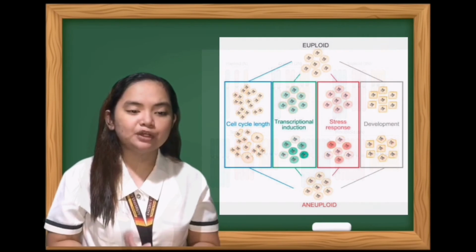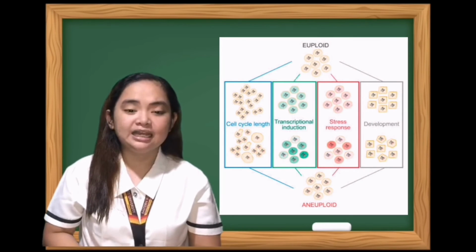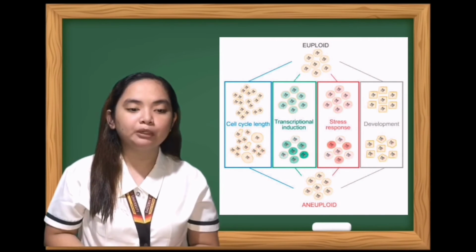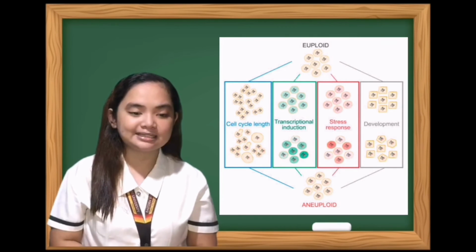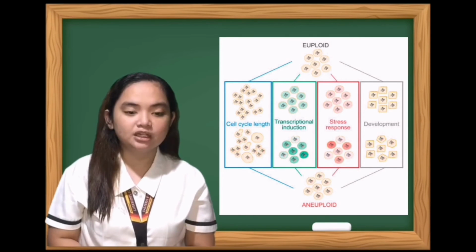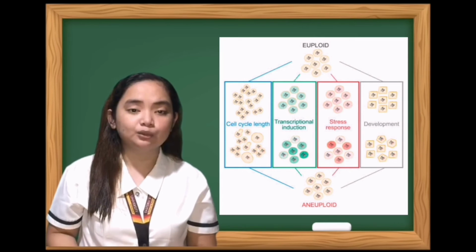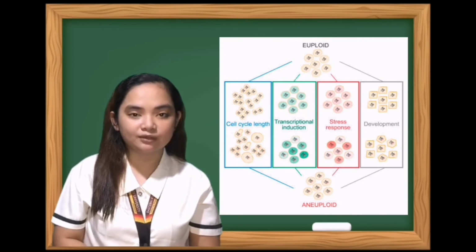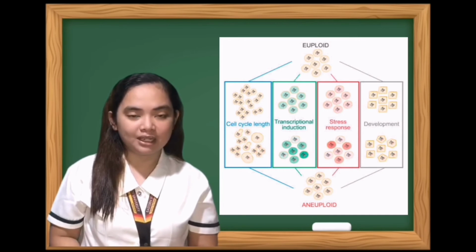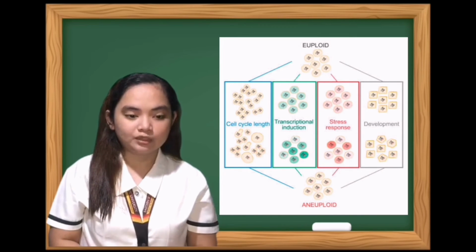Aneuploidy. Aneuploidy is a chromosomal anomaly in which the number of one or more chromosomes is abnormal. Normal human somatic cells carry 46 chromosomes: 2 copies of each of the 22 autosomal chromosomes, and 2 sex chromosomes, either XX for female or XY for male.